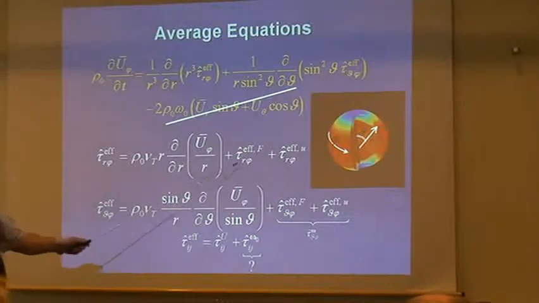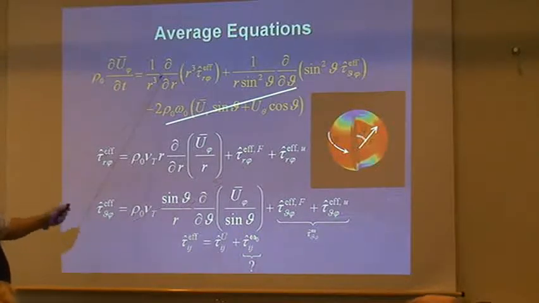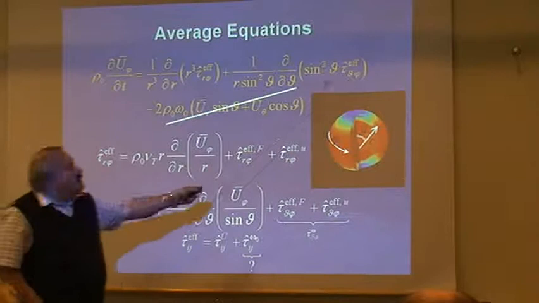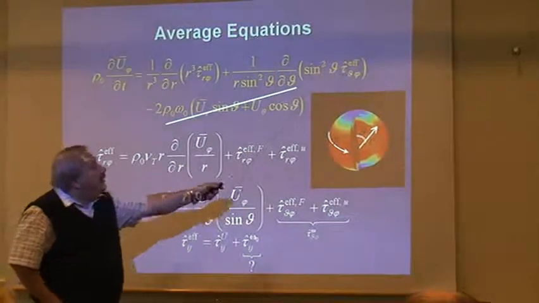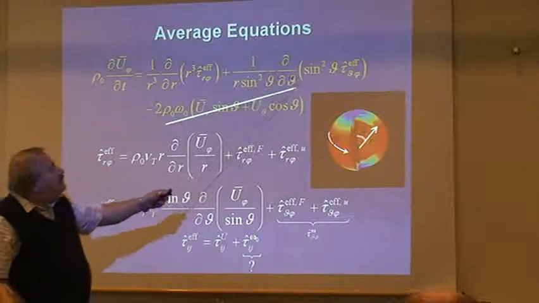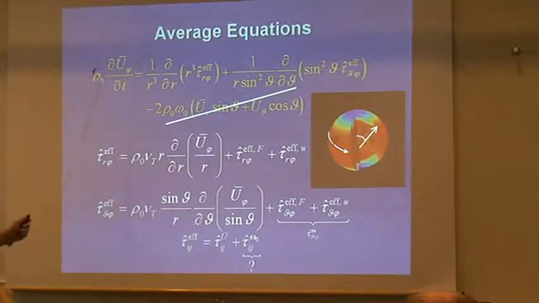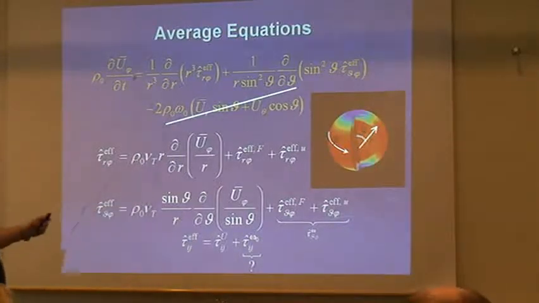Tau is the Reynolds stress, the R phi component. We differentiate this component and find the contribution to the phi direction. This is the theta phi component. We differentiate this term with respect to theta and find again the phi component. The combination of these two effects gives us differential rotation.